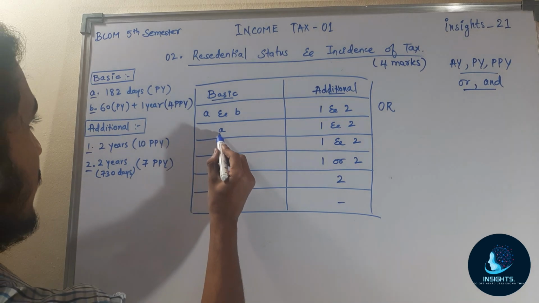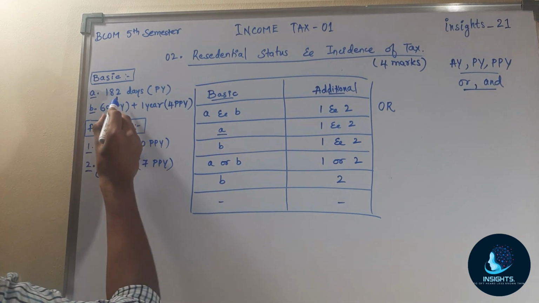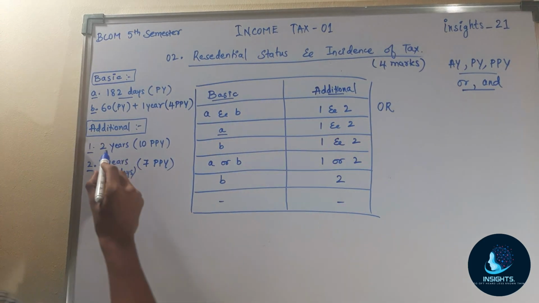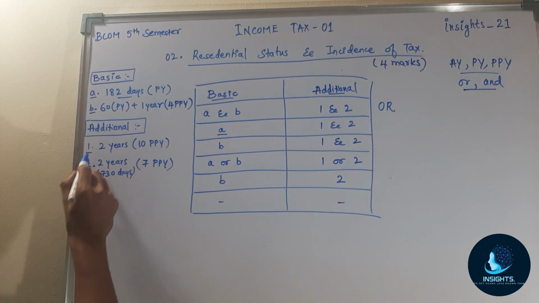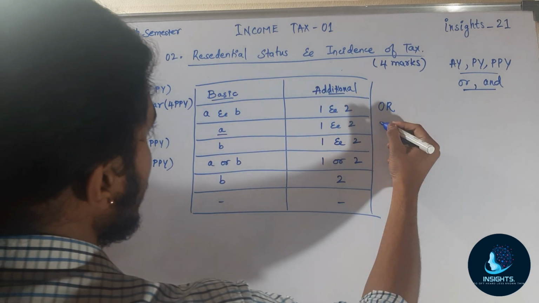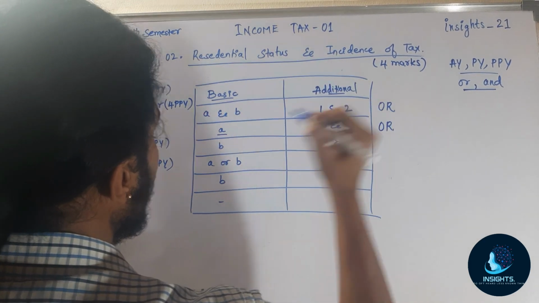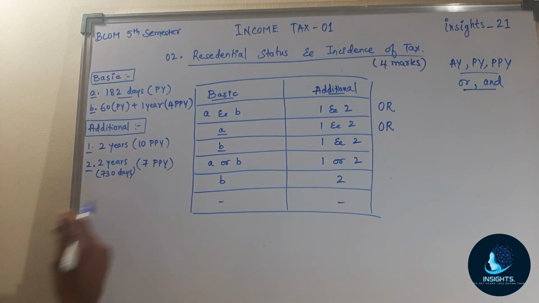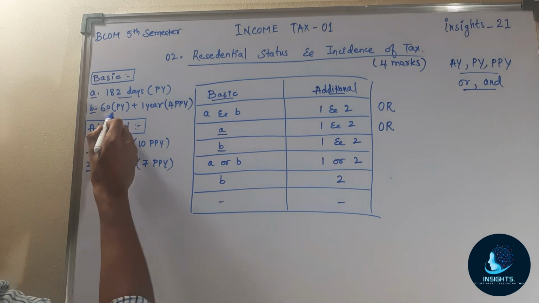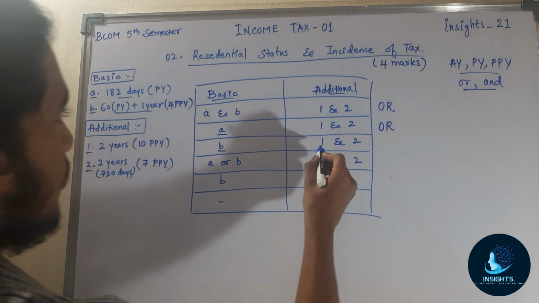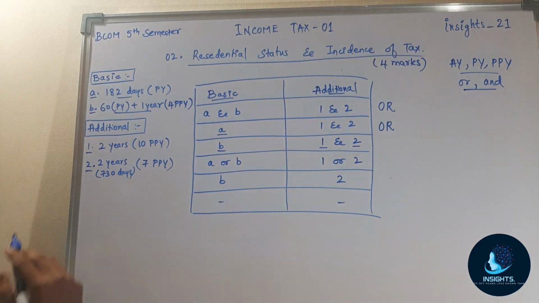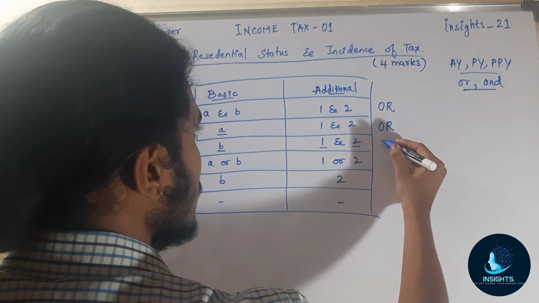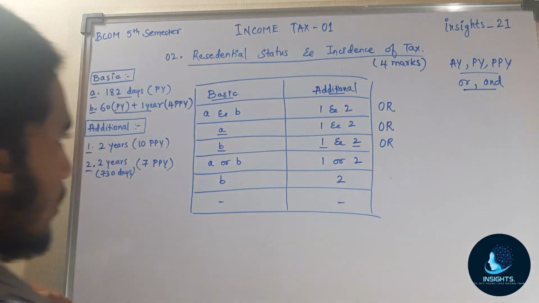If only one basic condition, that is A, is satisfied and both 1 and 2, that is additional conditions 1 and 2 are satisfied, he is ordinary resident. Only the condition, that is basic condition B, is satisfied and both 1 as well as 2 additional conditions are satisfied, he is ordinary resident.